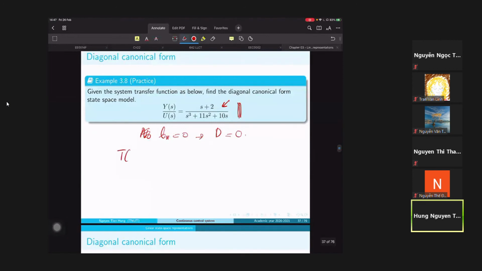You have T(s) equal s plus 2, and you put s outside, and then you got s squared plus 11s plus 10. Okay, and it equals (s plus 2) divided by s, plus 0.